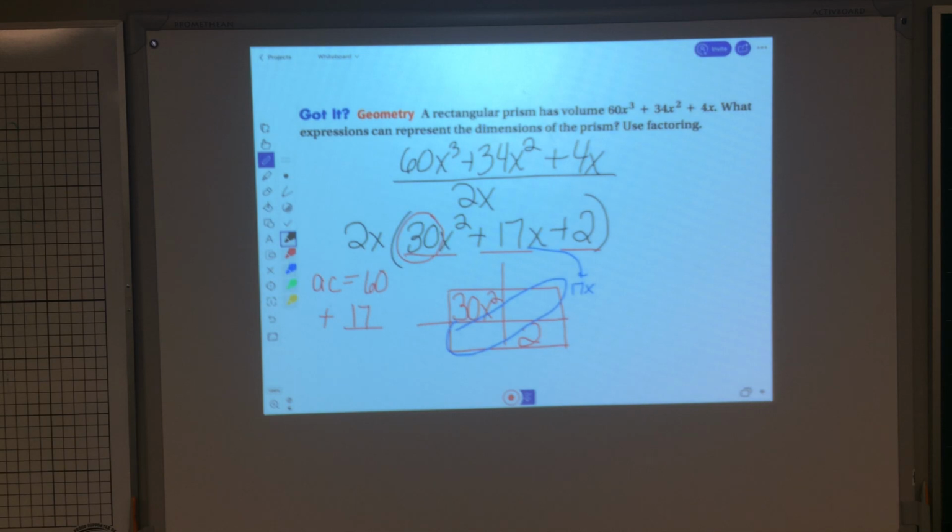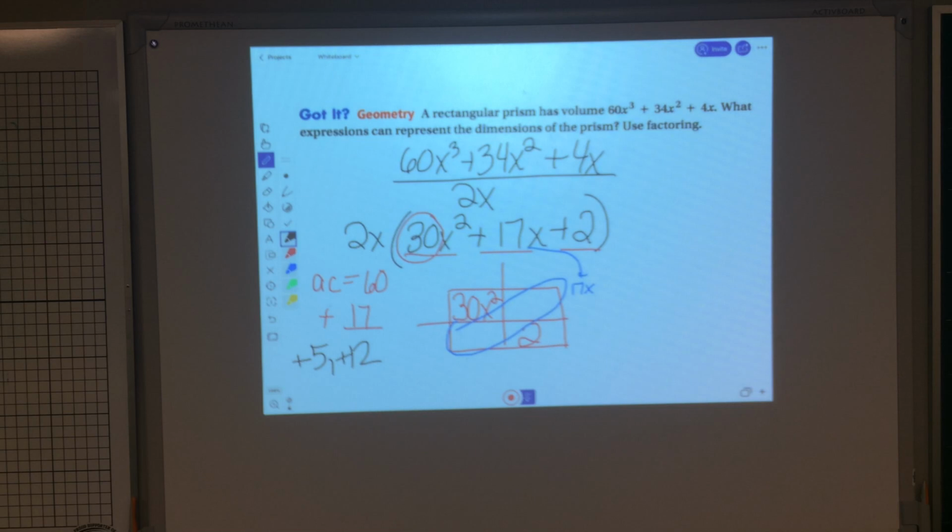I know 10 and 6 multiply together to get 60, but they only add up to 16. So I need to try something a little different. 10 and 6 don't work, so let's try 5 and 12. 5 times 12 is 60, and 5 plus 12 is 17. So my factors are going to be 5 and 12, and since all my terms are positive, they're both going to be positive.